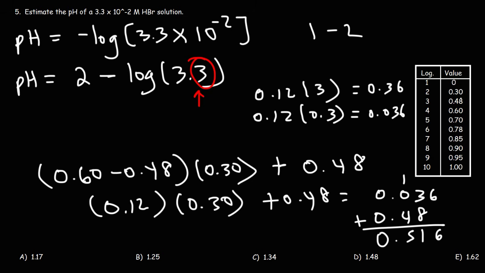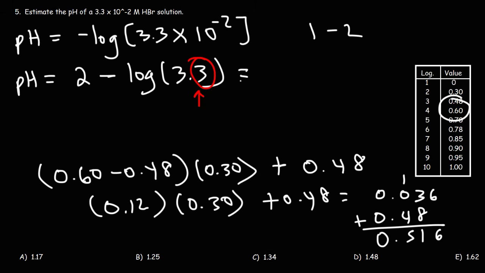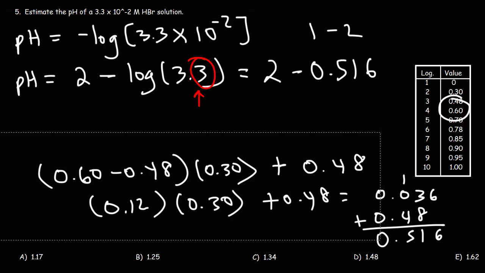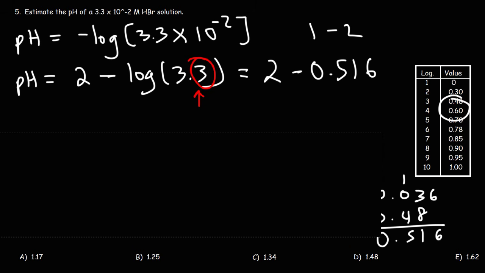0.516 is between 0.48 and 0.60. So we can work with that. So that's going to be log 3.3. It's 0.516. So this is going to be 2 minus 0.516. So what is 2 minus 0.516?